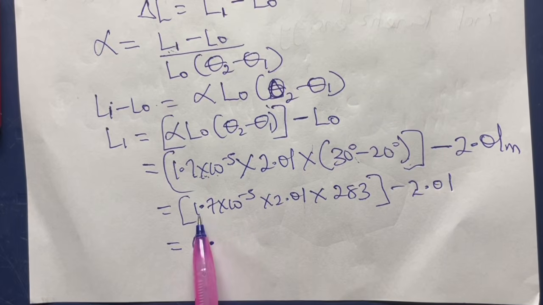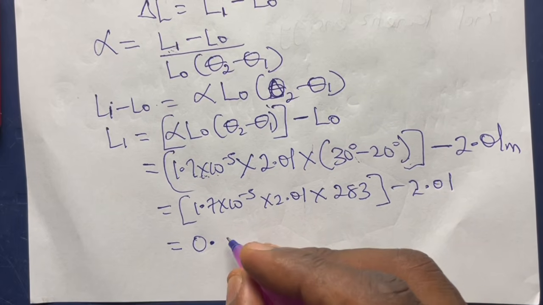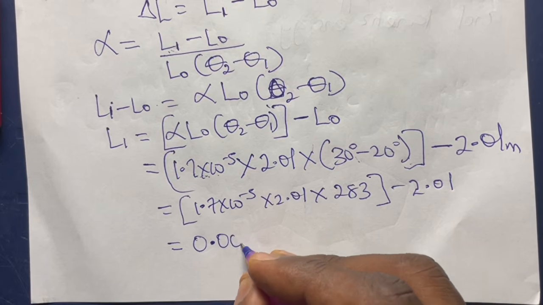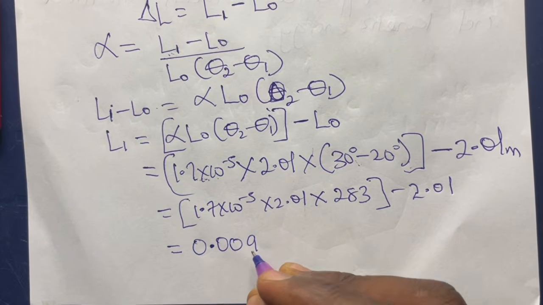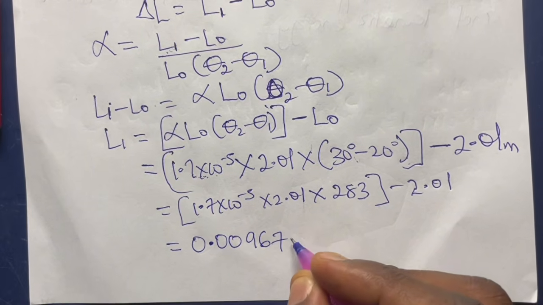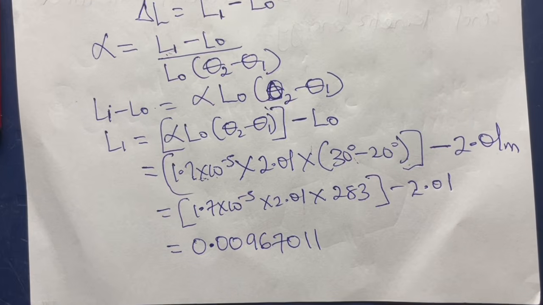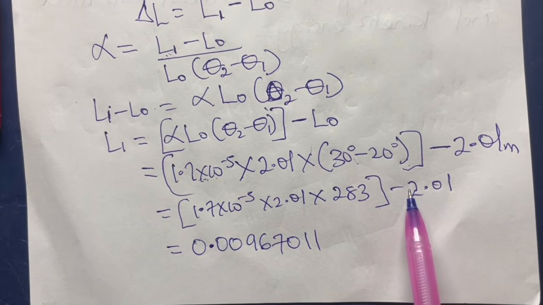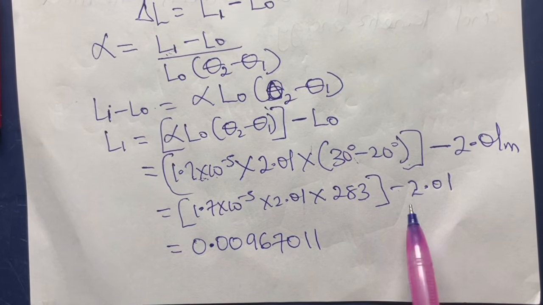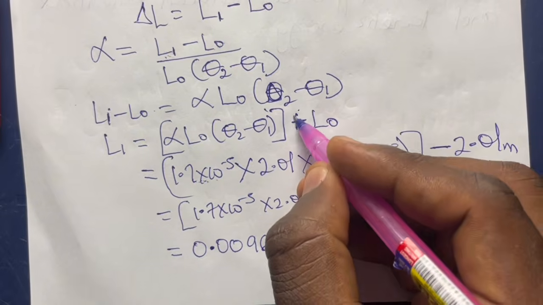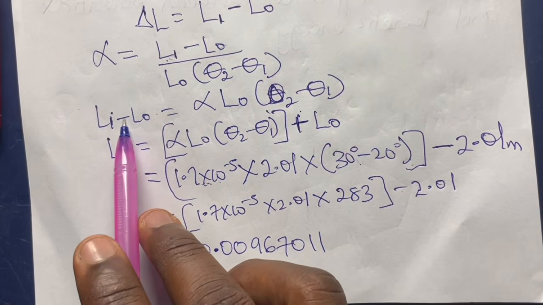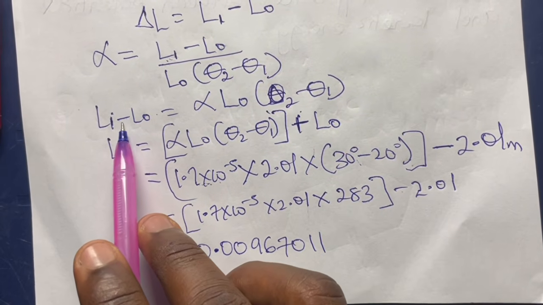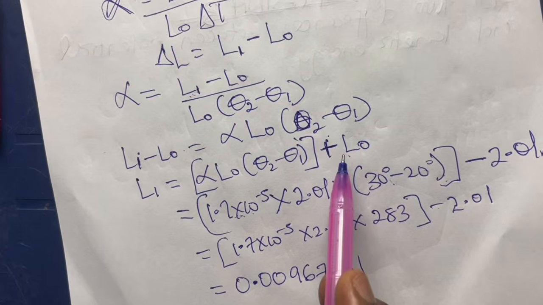If I multiply all this together, that gives me 0.009967011. Oh, this is going to be plus, because I collected like terms. This was minus L0 before, so when it comes here, it turns to plus.